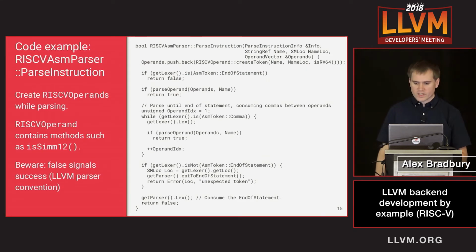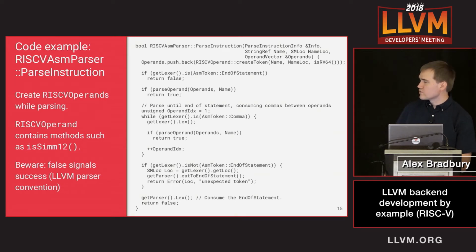So there's a code example here, which I'm just going to look at very briefly. You don't need to look at all the details. The key point is that you interact with an assembler lexer. We can check what the current token is, we can peek at the next token, and we can consume tokens as we need to.